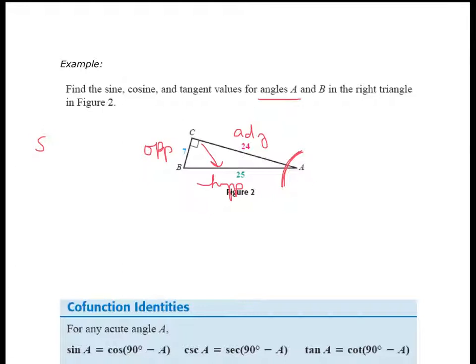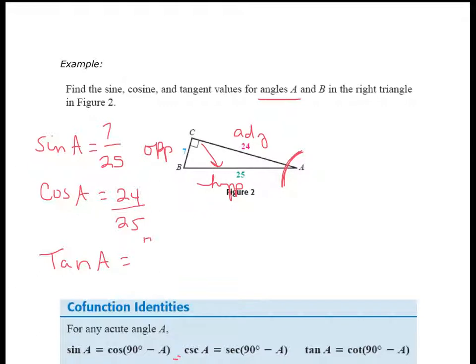So sine A is going to equal 7 over 25. Cosine A is going to equal 24 over 25. Remember, cosine is the adjacent side over the hypotenuse.